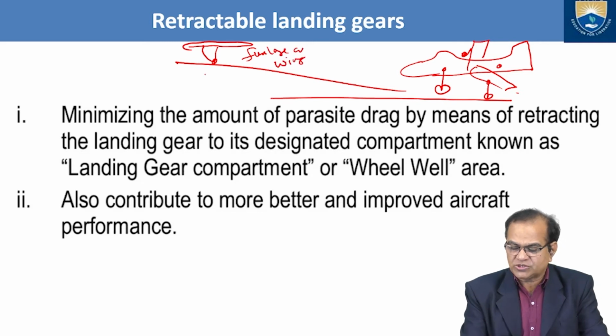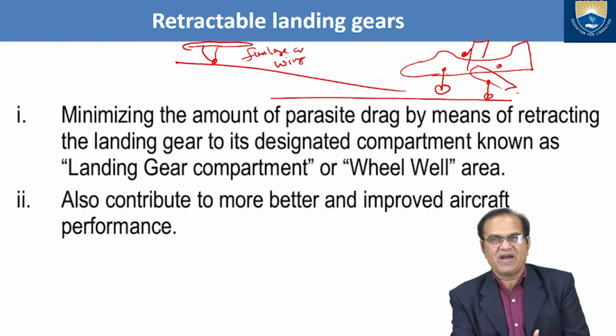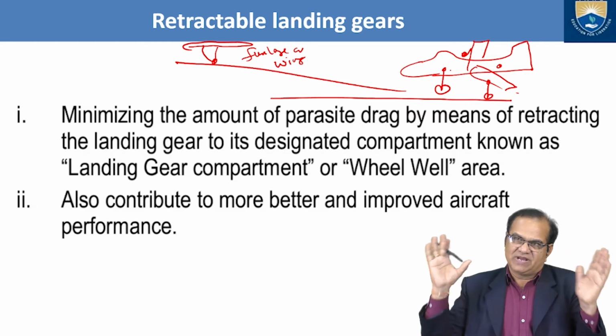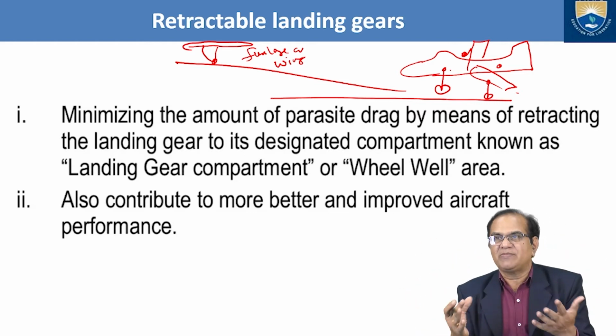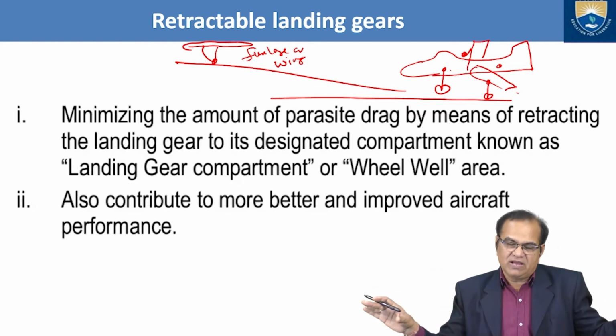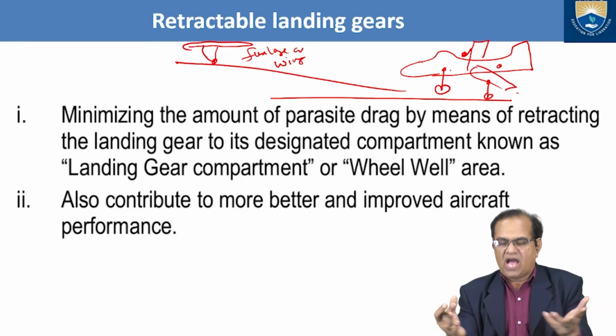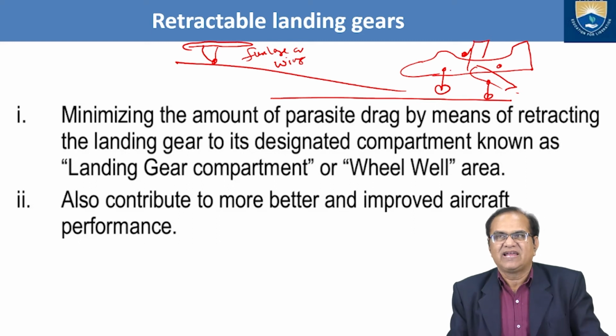The nose wheel is mostly mounted underneath the pilot, so it will retract inside and it will be covered. And the wing gear will go inside the wing and it will close. I will be showing this diagram in the next slide.